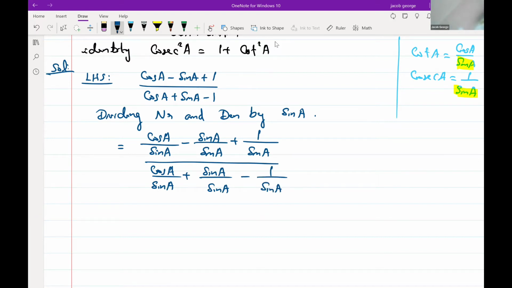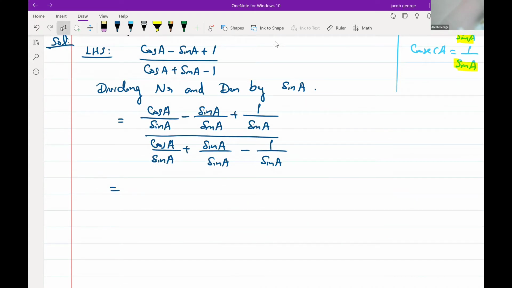We have to divide numerator and denominator by what? Sin A, right? This is to convert it into cot and cosec. Is it clear, children?